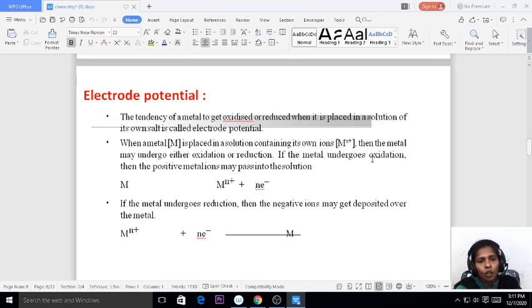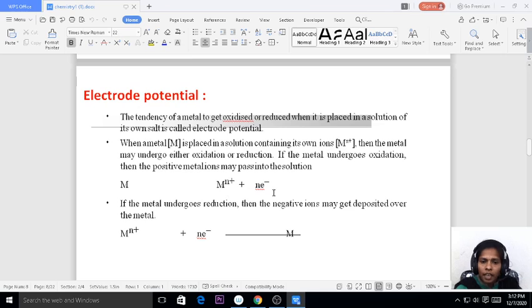If the metal undergoes oxidation, then the positive metal ions may pass into the solution. But before that, you know what is meant by oxidation here. When a metal undergoes oxidation, the metal loses electrons.